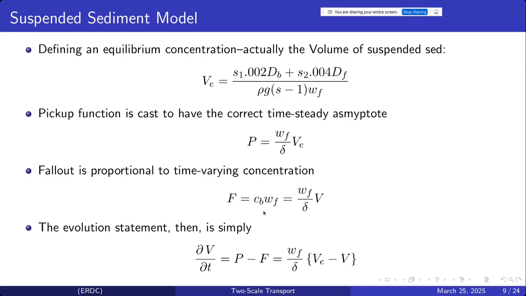And then if we just sum these, we have a conservation statement where the evolution of the volume of suspended sediment is given by this very simple first order linear differential equation, which is nice, right? I mean, we're adding complexity to these phase averaged models, but adding a single first order linear differential equation is not much cost.